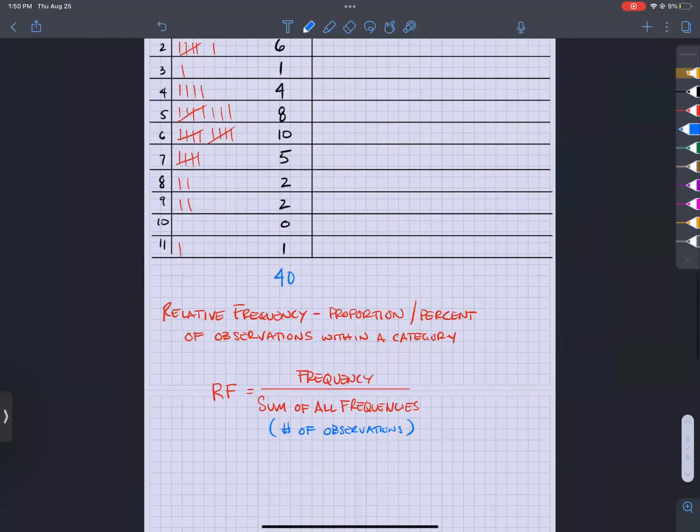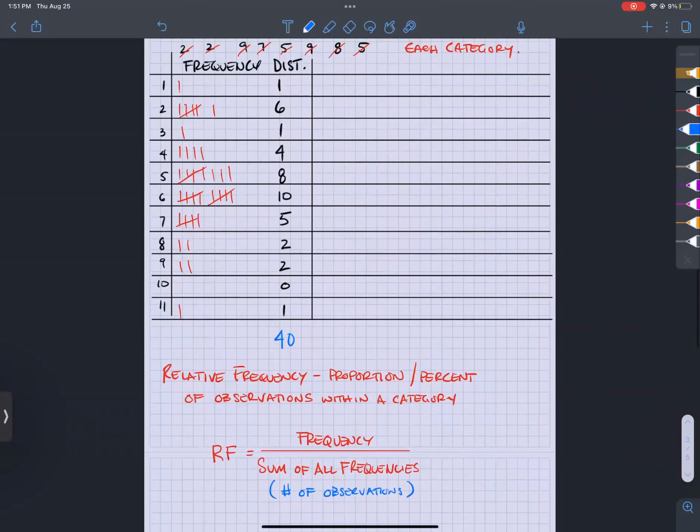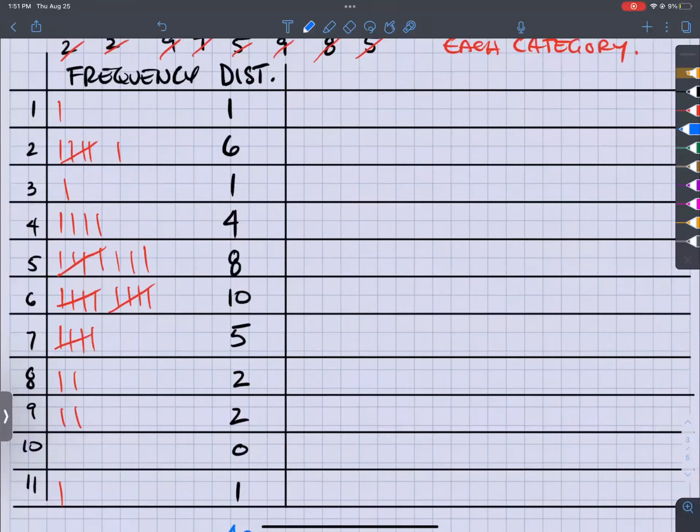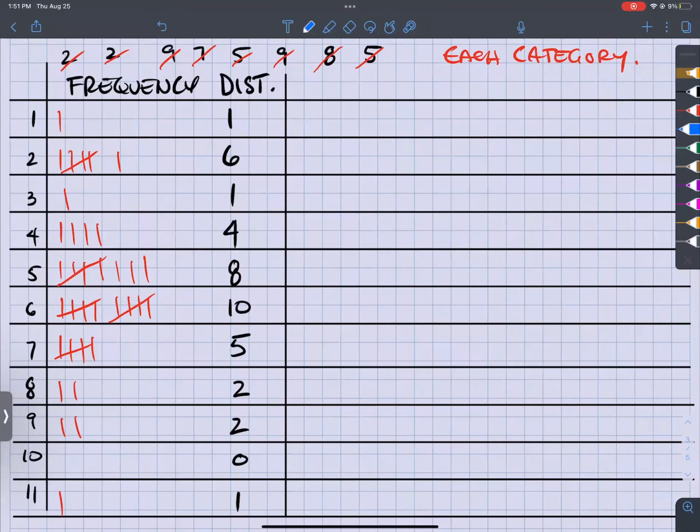So when we do relative frequency, we actually have to do it for each individual one. No problem. Just don't forget to change your name.